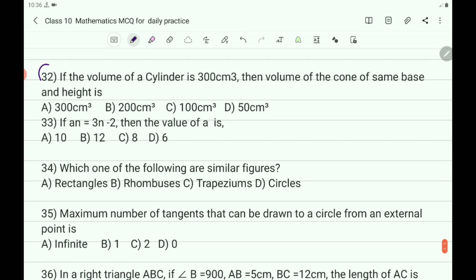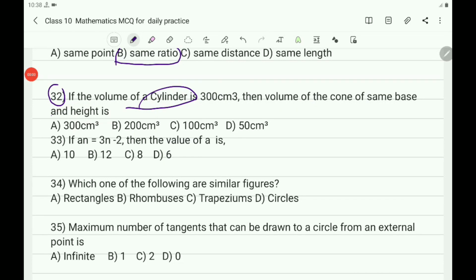Next, question number 32. If the volume of a cylinder is 300 cm cube, then the volume of the cone of same base and height is. You know the relation: the volume of the cylinder is 3 times the volume of the cone, or the volume of the cone is 1 by 3 times the volume of the cylinder.